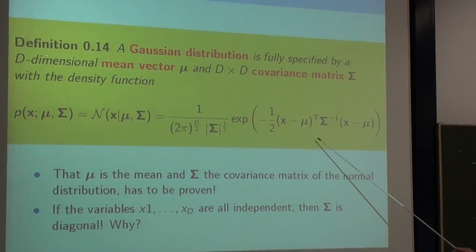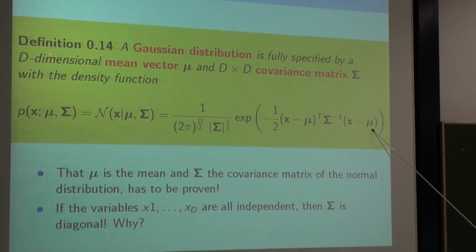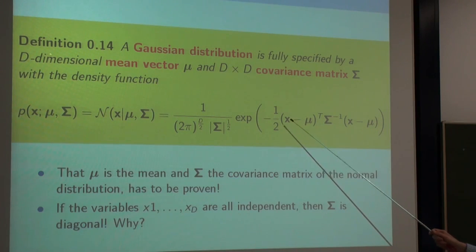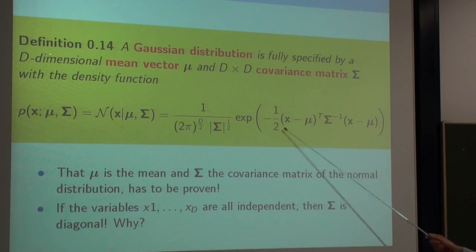This is very important. And maybe, please do as an exercise, look at this. This is written in vector notation. But now if you write this down in component notation, so if you want to know the ith component of the exponent, how does this look? It also gets a nice form.